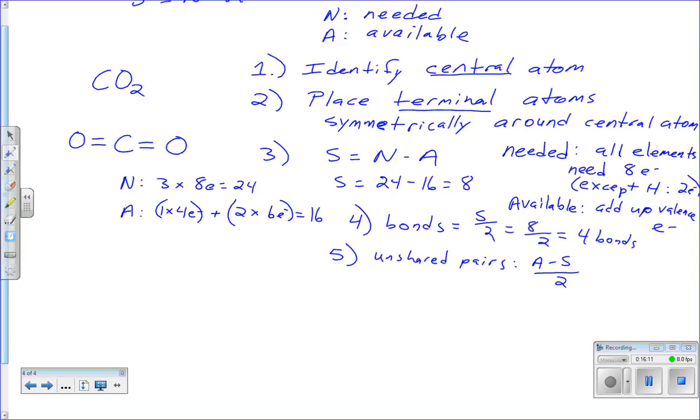So we had 16 available. We shared 8 of them. 16 minus 8 would be 8, and then to pair them up, we divide that by 2. There are going to be 4 unshared pairs.